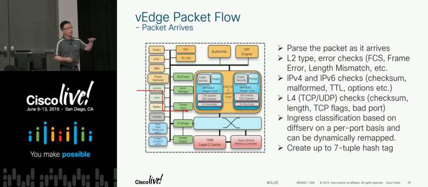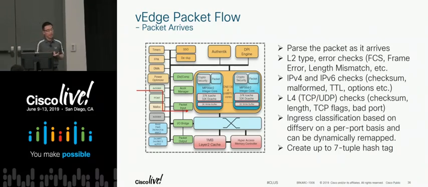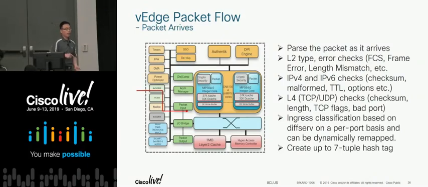It starts from layer 2: check the layer 2 type, FCS, frame error, length mismatch. Then moving up the stack to the IP header, IPv4, IPv6 header, checksums, malformed, TTL bit, IP option header. Then it moves up to the TCP/UDP header: checksum, the length, the TCP flag, bad port.